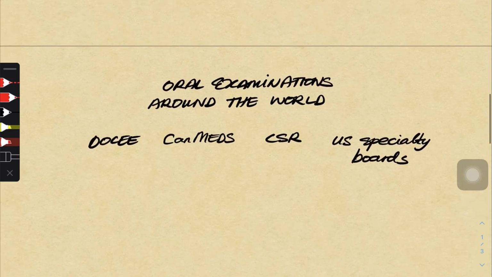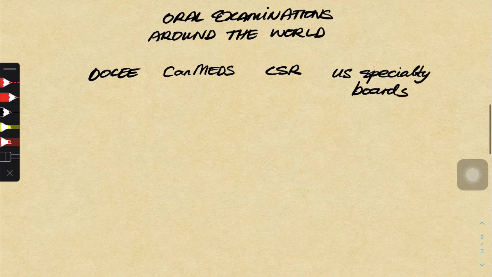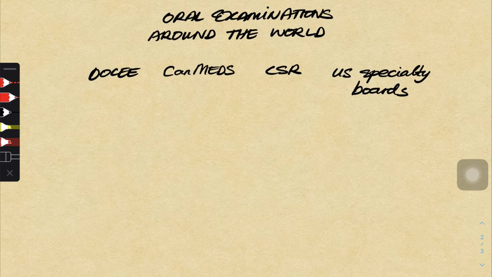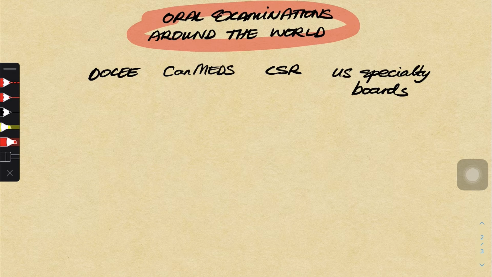The authors then follow with examples of oral examinations used around the world, examples of oral examinations which are done well. Things like the DOSI, the direct observation clinical encounter examination.